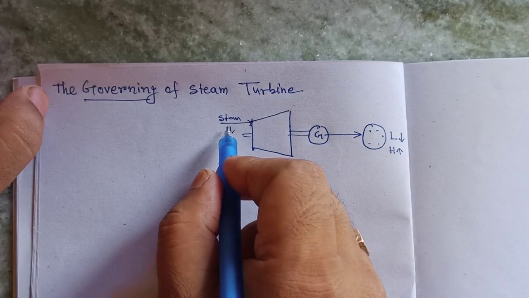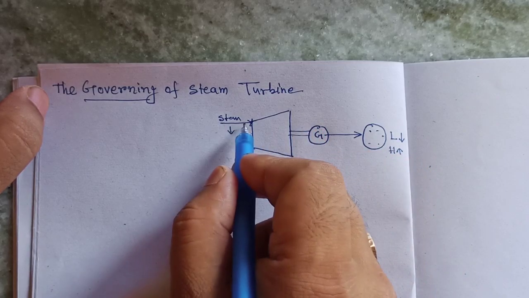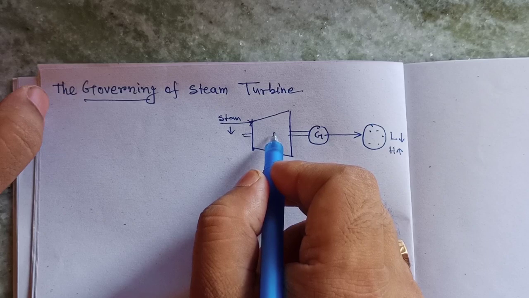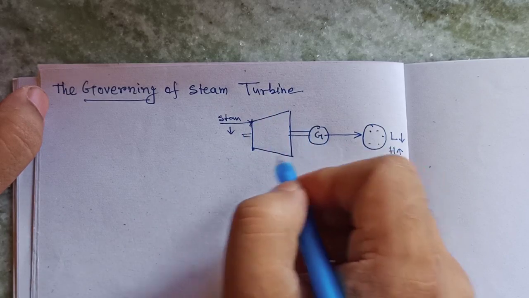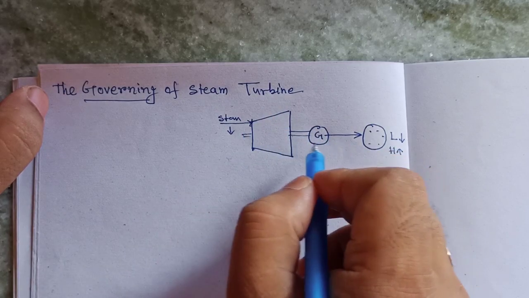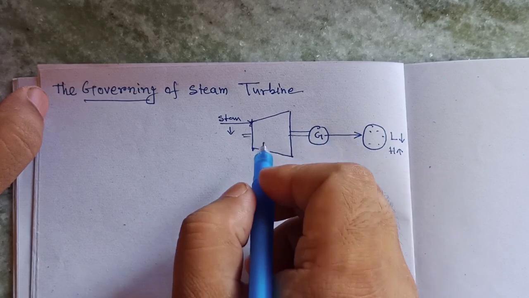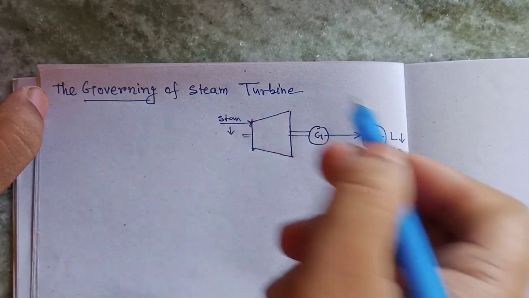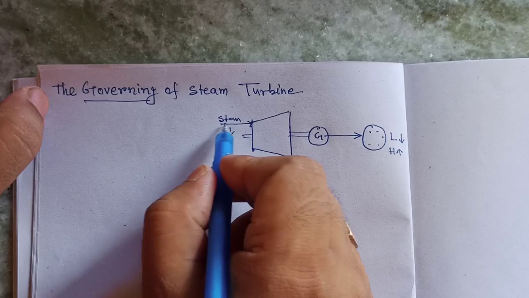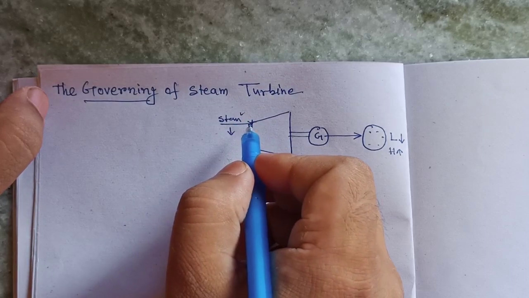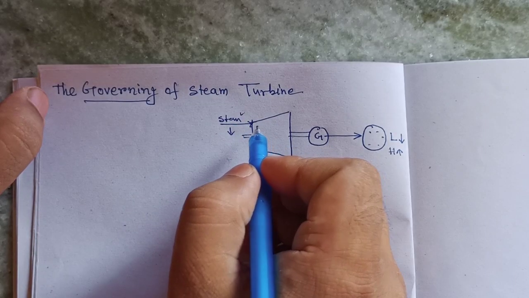But if we supply a low amount of steam to this turbine, then automatically the speed will reduce and therefore it will be controlled. So by the governing we can control the flow rate of steam to the turbine to control the speed of the shaft.